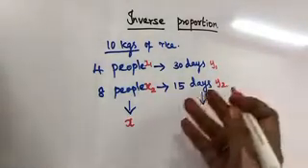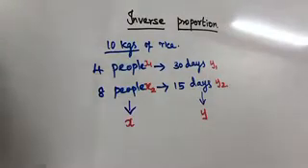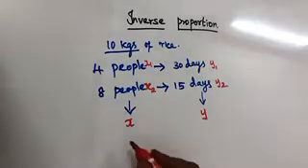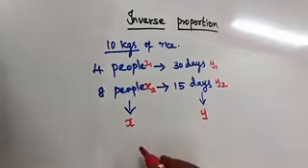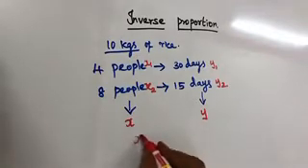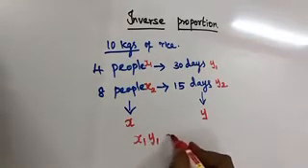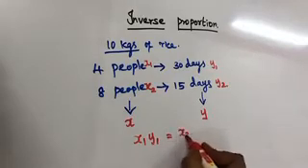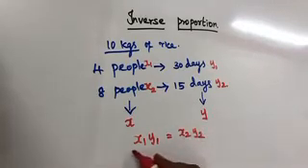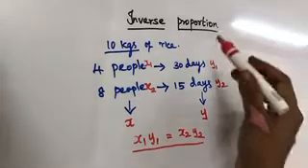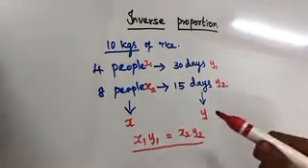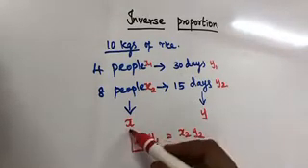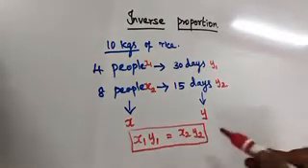If the variation is inverse proportion, then we have a constant product. The formula for inverse proportion is x1 y1 = x2 y2. This is the important formula for inverse proportion. You can use this formula to find the missing values in the problem.